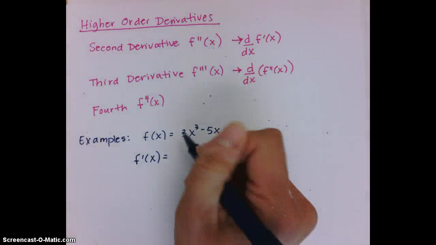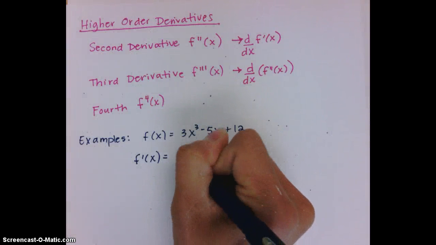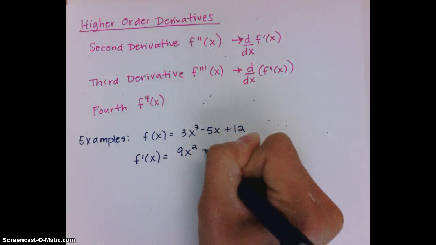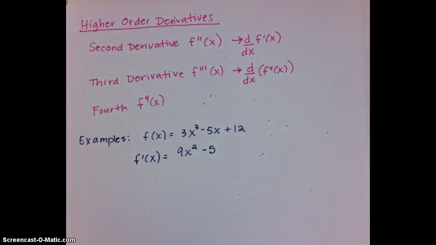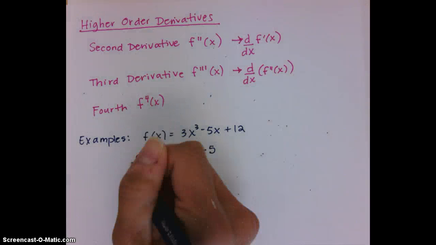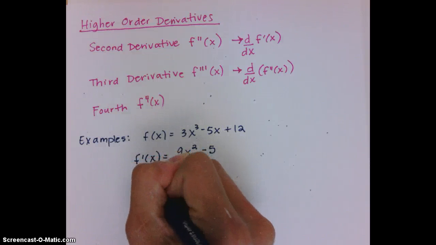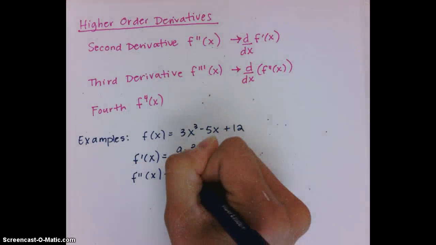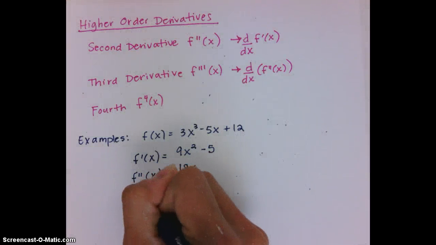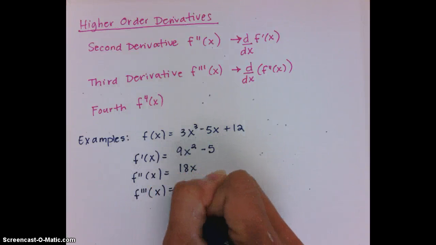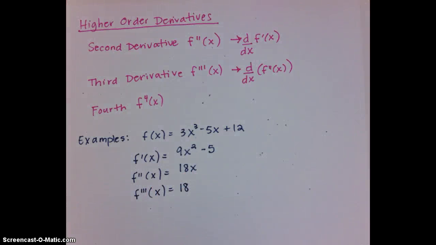So its first derivative is going to be 3 times 3, which is 9x squared, minus 5, and then the derivative here is 0. So our first derivative is 9x squared minus 5. The second derivative would be 18x, and the third derivative, if we needed it, would be 18. Alright, so in order to find higher order derivatives, we just start with the first derivative and we continue to take the derivative from there.